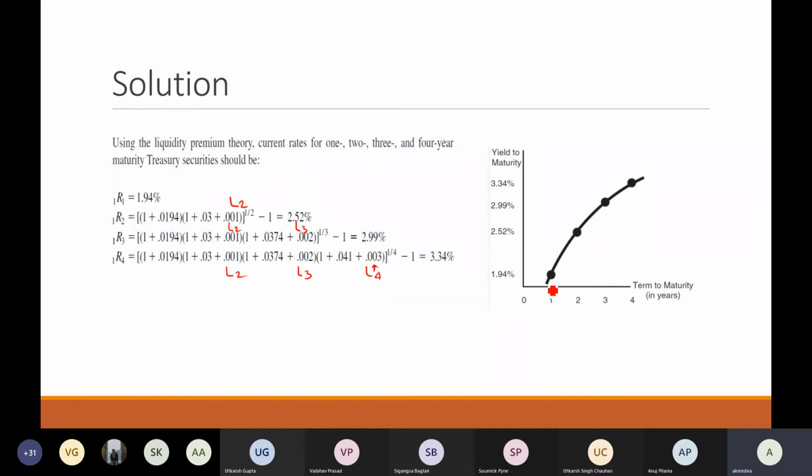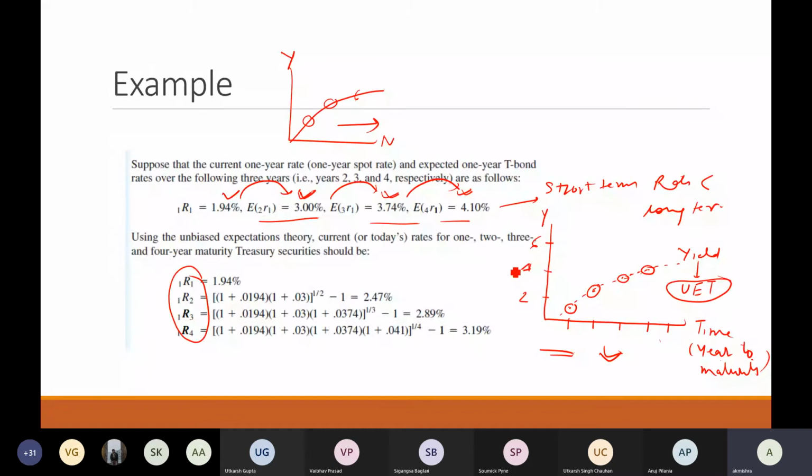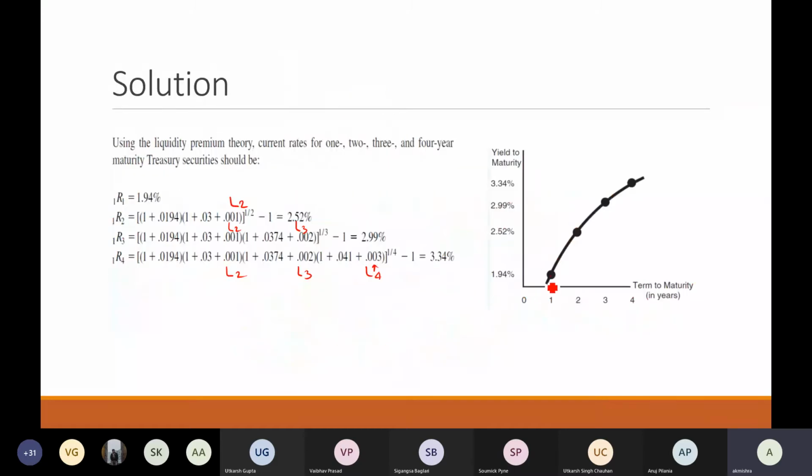And when we draw this, if you remember the previous curve, it was 2.47, 2.89. Here all three were less. So if I draw it, this is the unbiased expectation theory curve, and this is your liquidity premium theory curve.